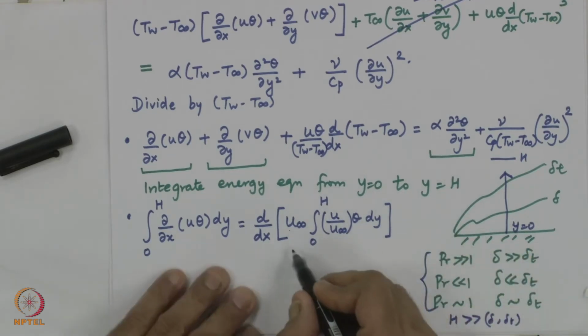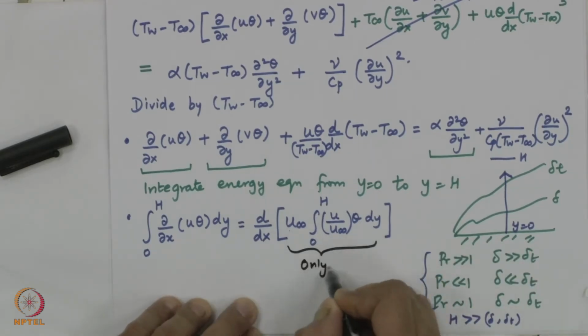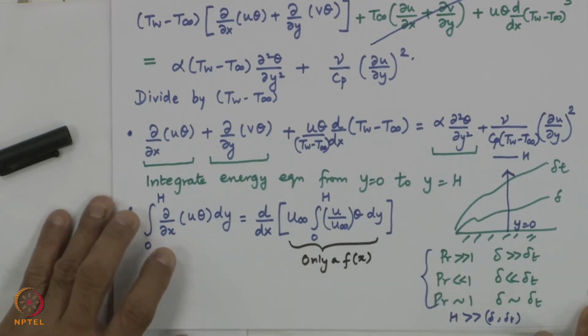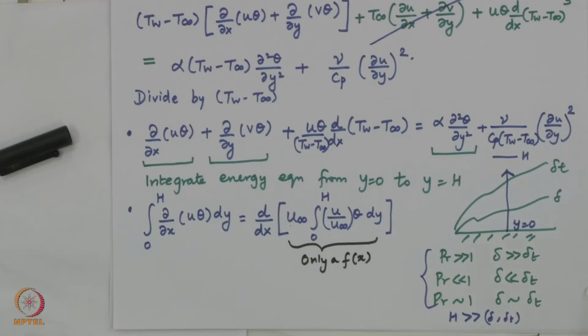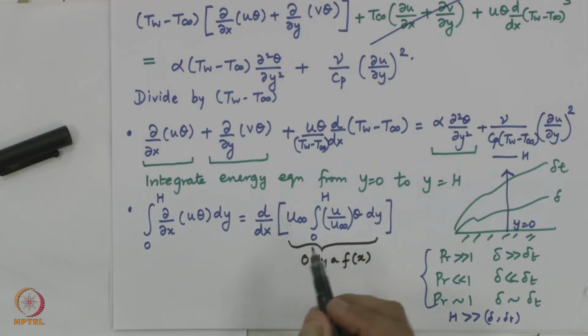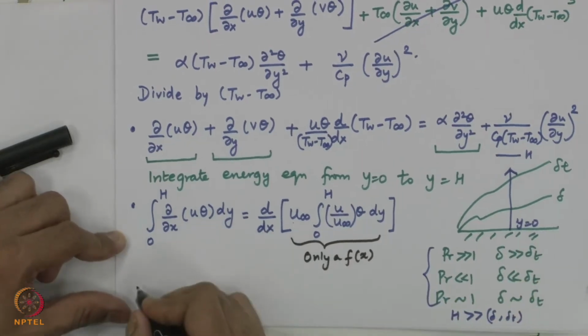That means the integral, after evaluation, is only a function of x. You can do it with any arbitrary function. After you carry out the integration and put the limits, you get something which is only a function of x, and therefore the differentiation after that, which was a partial derivative, will now become a regular derivative. This is very, very important, and makes our life easy.